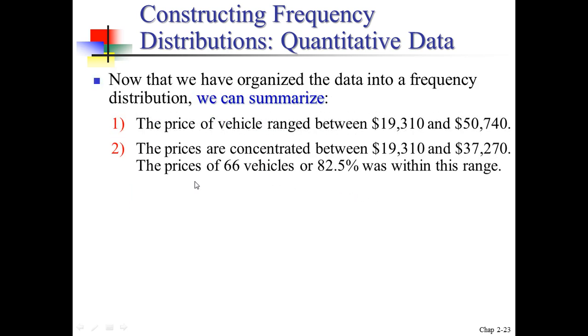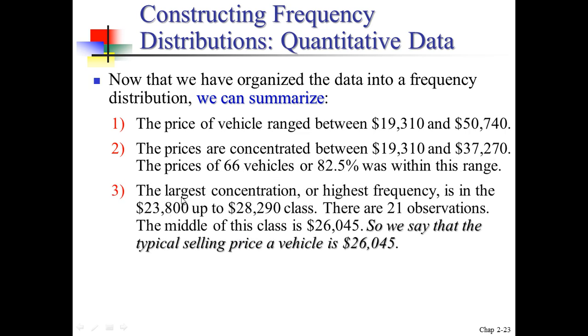Second one, the price of 66 cars or maybe 82.5 percent of cars are within this range. 82.5 is the most, because over 50 is the most. That's why 66 over 80 cars sold is the most cars sold. The largest concentration, or the highest frequency, is in the 23,800 to 28,290 class.